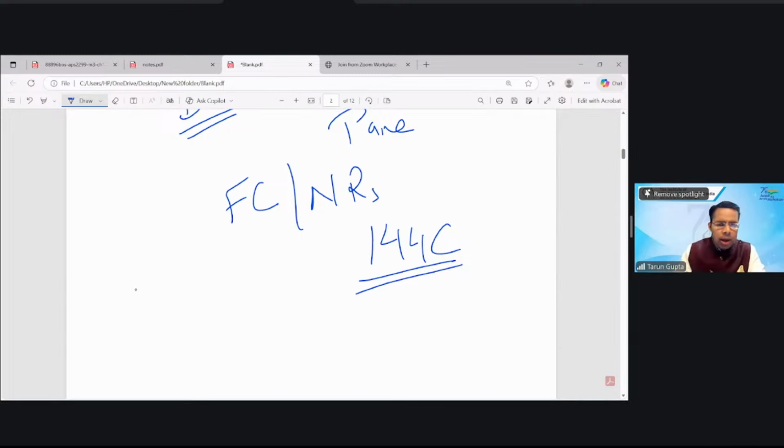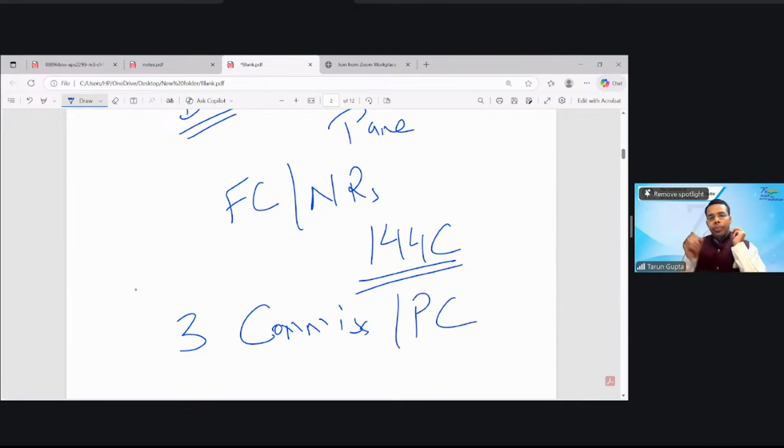What is DRP? DRP is a panel of three officers of the rank of commissioners or principal commissioners. They form a panel and hear the arguments of the assessee against the assessment order.